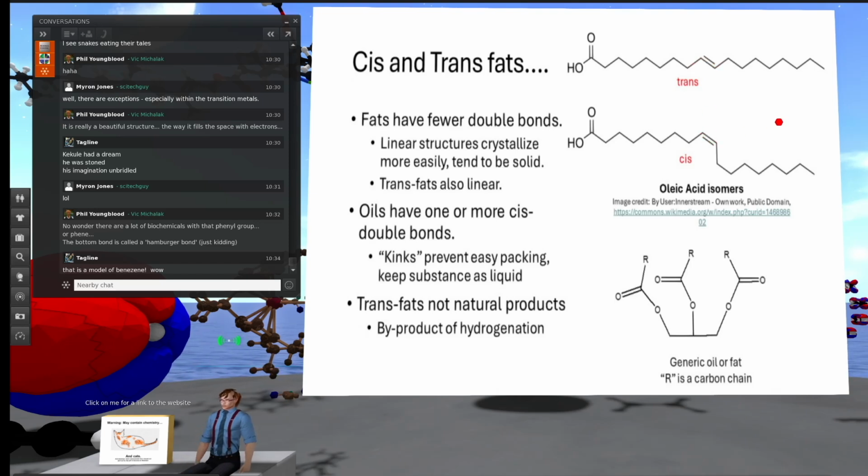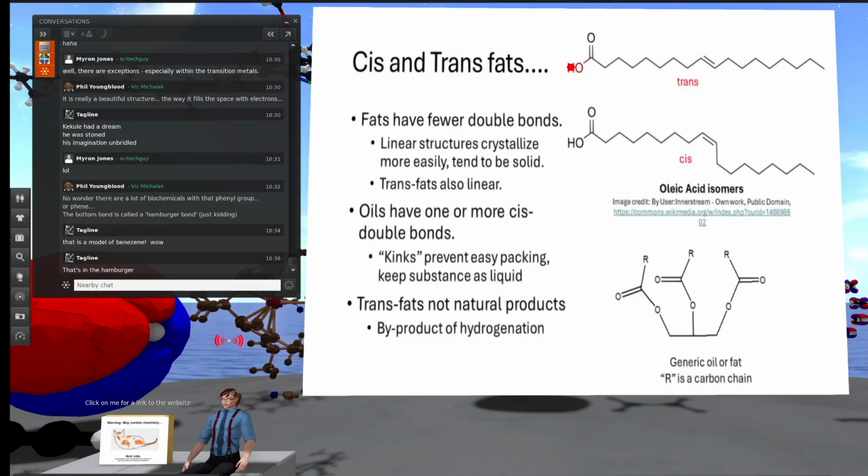And if you want to make this into a fat or an oil, you pop off the hydrogen and you attach to this part of the whole thing down here. 1 carbon, 2 carbon, 3 carbons. Each carbon has an oxygen. That's glycerin. And then each of those oxygens can hold one of the fatty acids.